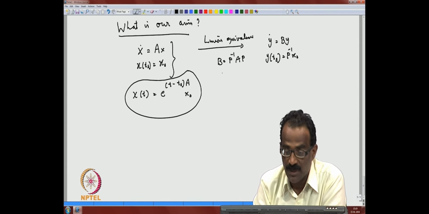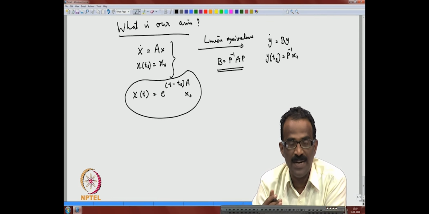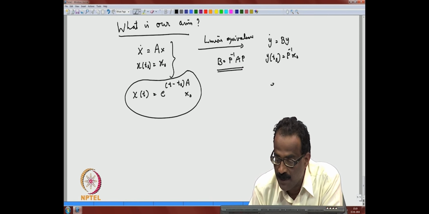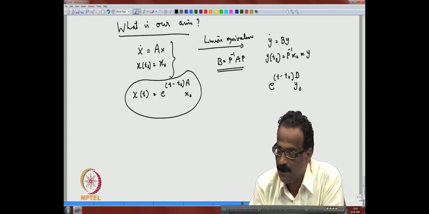Suppose you are able to transform this under linear equivalence, you look for a linear transformation so that the computation of e power (t minus t naught) B into y naught, this is called y naught, may be easy.